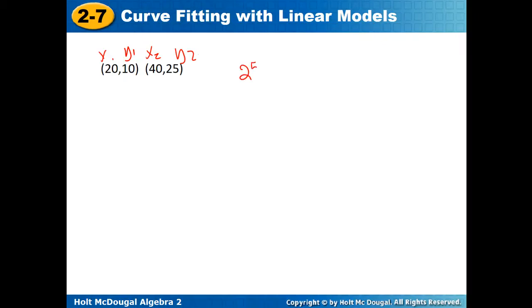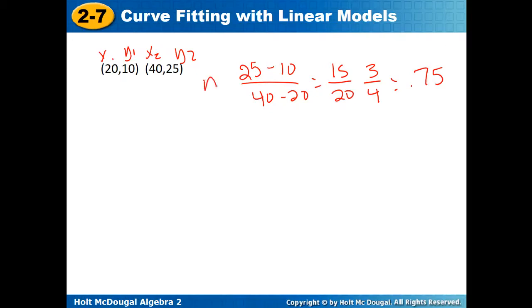We have 25 minus 10 over 40 minus 20 equals 15 over 20. 5 goes into that 3 times, 5 goes into that 4 times, so that equals 0.75. All right, so that's our m. So now let's choose 20 and 10. So we say 10 equals our slope, which is 0.75 times x, which is 20, plus b, which we don't know.